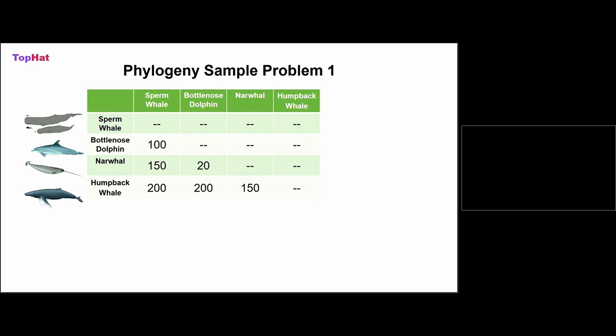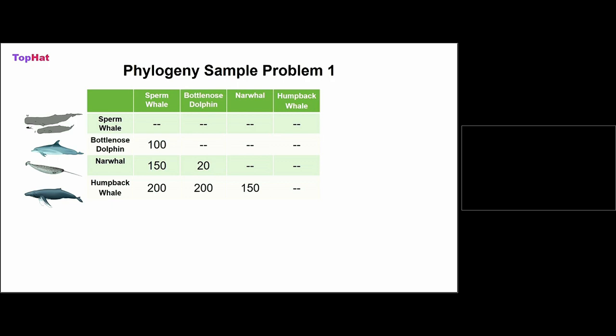So if we think of it as 20 changes in the sequence from the narwhal to the bottlenose dolphin, that means that from the bottlenose dolphin to the common ancestor, there were probably how many, quote, changes? Say 10, right? And then from the narwhal to the common ancestor, there were 10 different changes, right? So when we compared the two, there's actually 20 differences between the two, but they're only 10 different each from that common ancestor. Does that make sense?